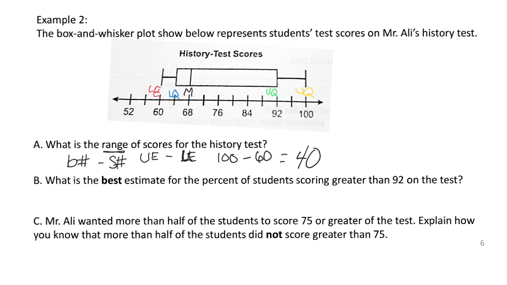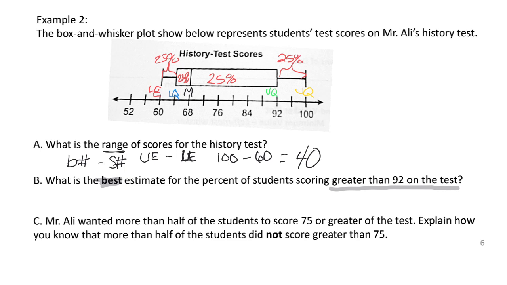This next one says, what's the best estimate, emphasis on best, of the percent of students scoring greater than 92? Remember, we said that each portion is worth 25%. It doesn't have to look uniform. We're not saying each portion is 25, we're saying each represents 25% of the data.